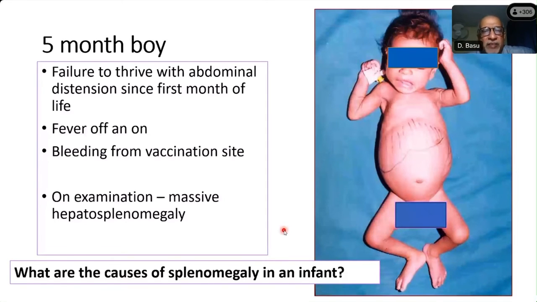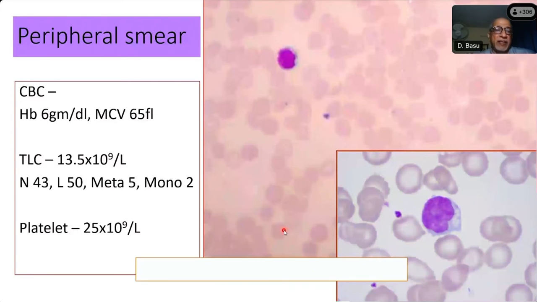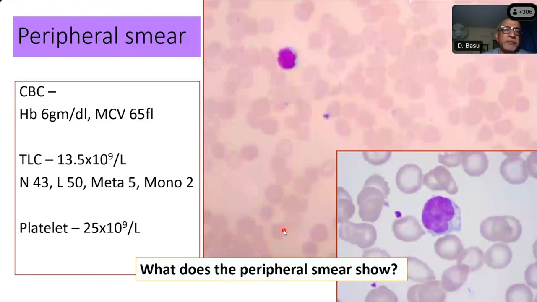All right. Let's see what the hematological parameters are. Yeah, tell me. So on hematological parameters, the hemoglobin is 6 g%, MCV is 65, which is decreased, TLC is 13,500, and neutrophils are 4350, lympho 5, meta 2, monocytes 2, and platelet count is 25,000.